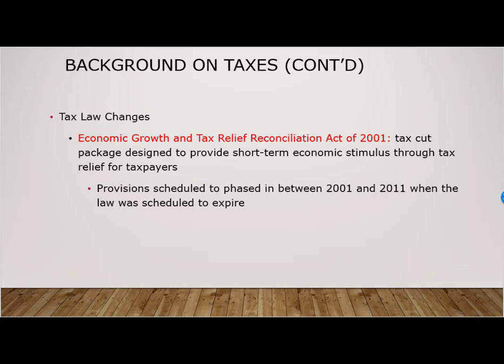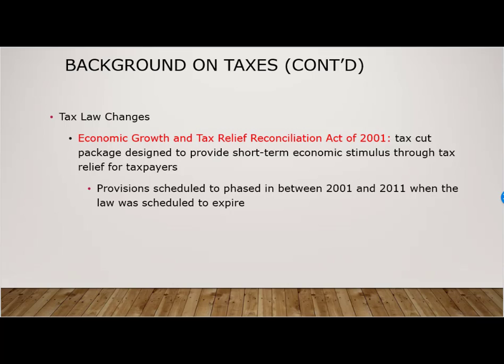So there are some tax law changes that we need to know about, and again, this textbook is a little bit older, so some of these have been in place for a while. There was something called the Economic Growth and Tax Relief Reconciliation Act. Basically, this was a way of trying to stimulate the economy through some tax relief, right?